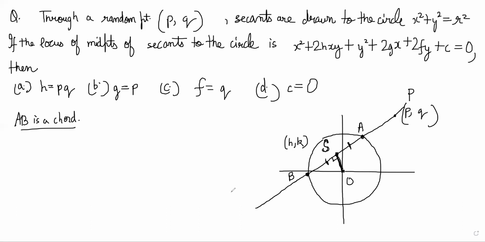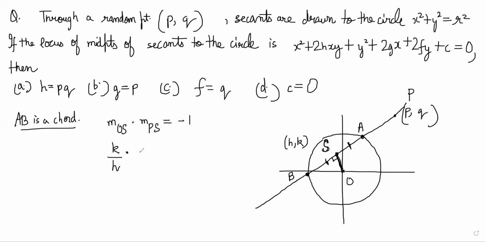The line from the center to the midpoint of a chord is perpendicular to the chord. So you can say slope of OS multiplied by slope of PS should be -1, right?